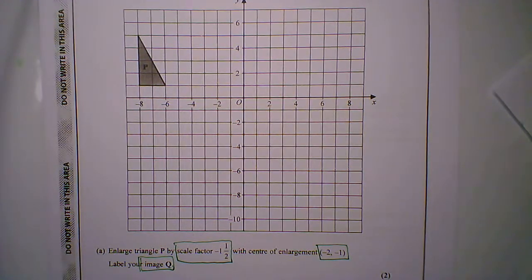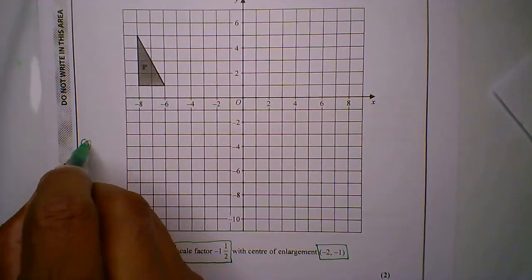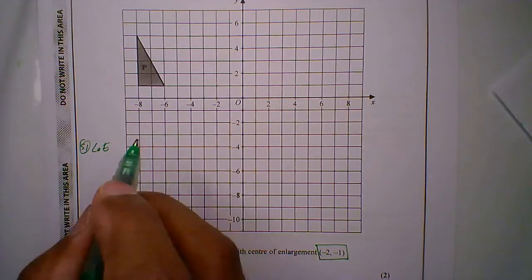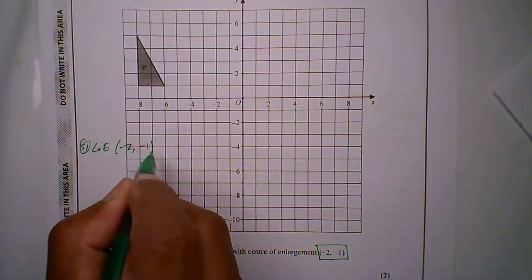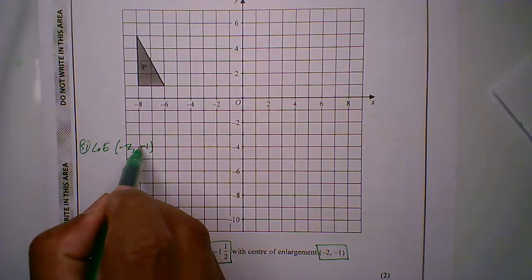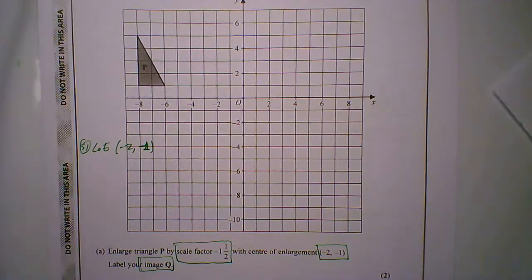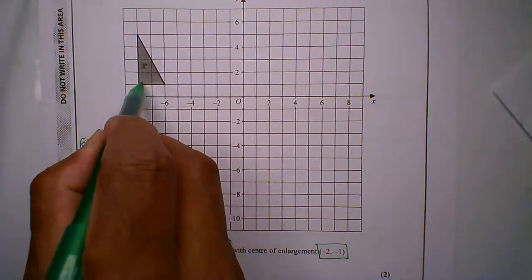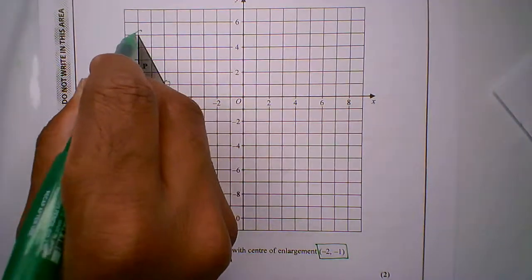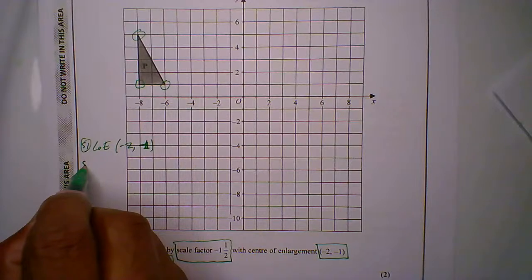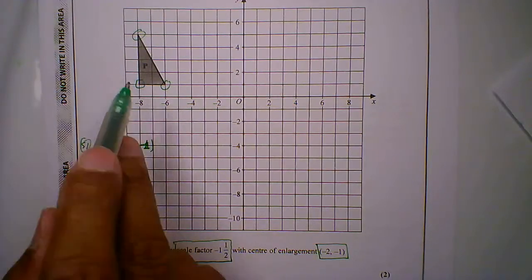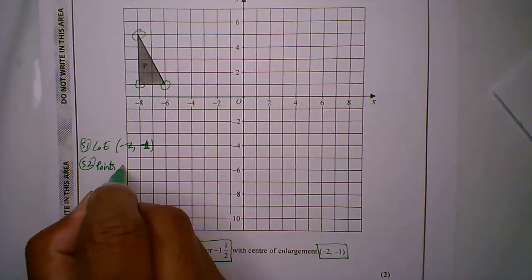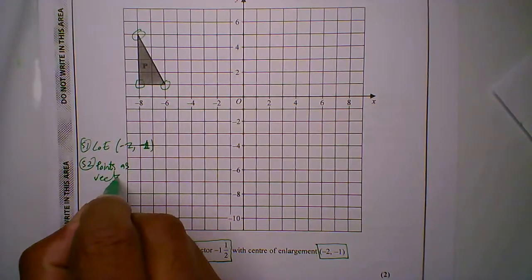So step 1 is I need to identify my center of enlargement, which is -2, -1. I hope you can see this writing here in between the boxes. Step 2 is I am going to identify these 3 points and put them as vectors.